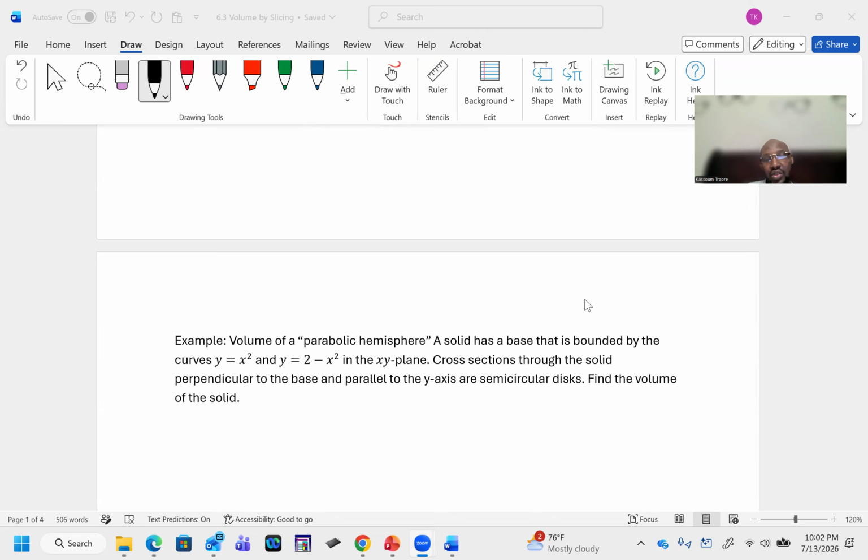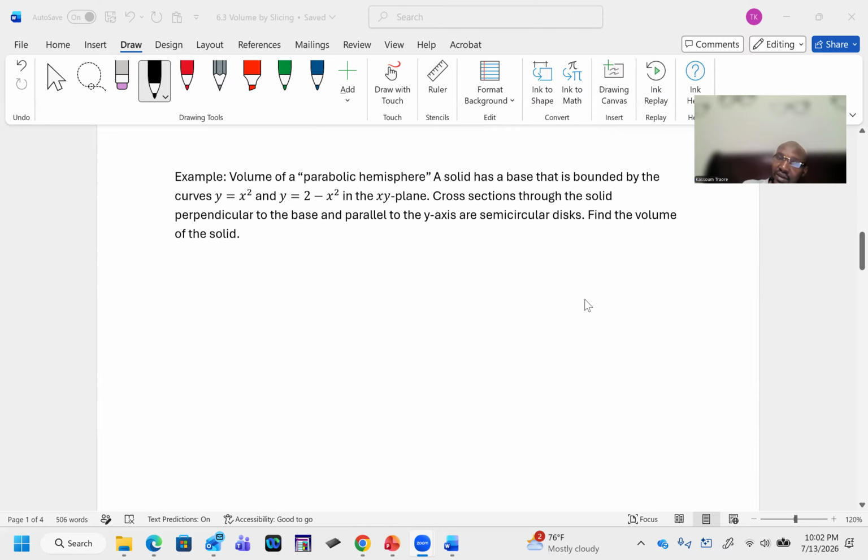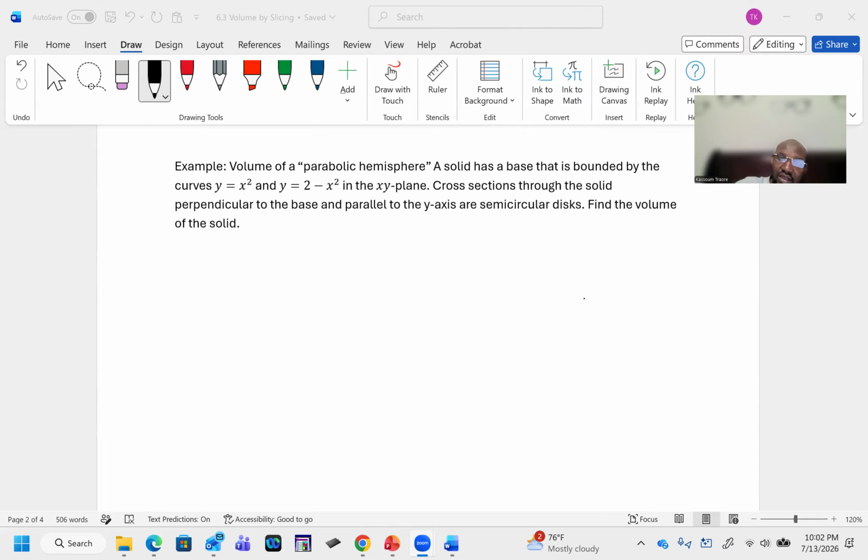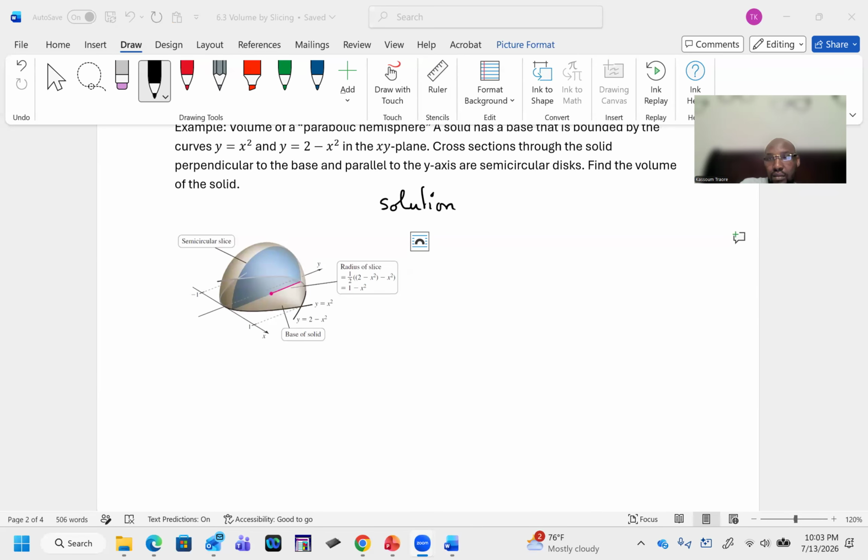Cross sections through the solid perpendicular to the base and parallel to the y-axis are semicircular disks. Find the volume of the solid. So let's find the volume of this solid. Let me post the graph.